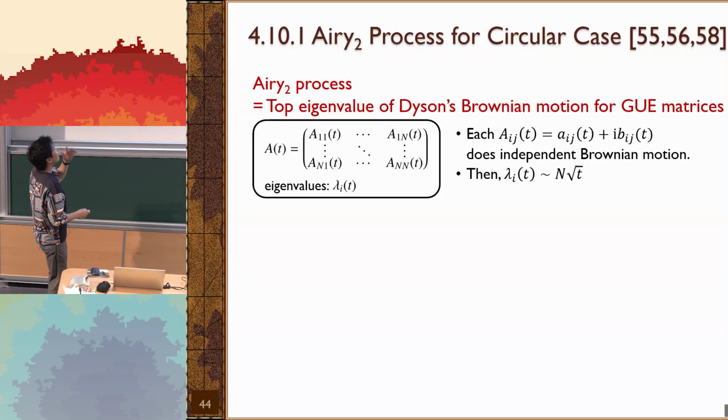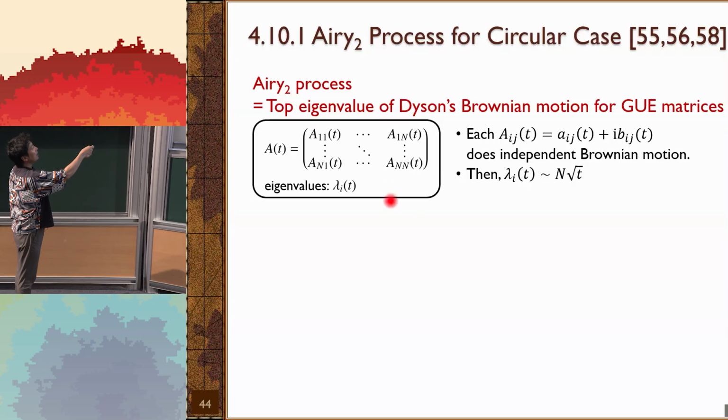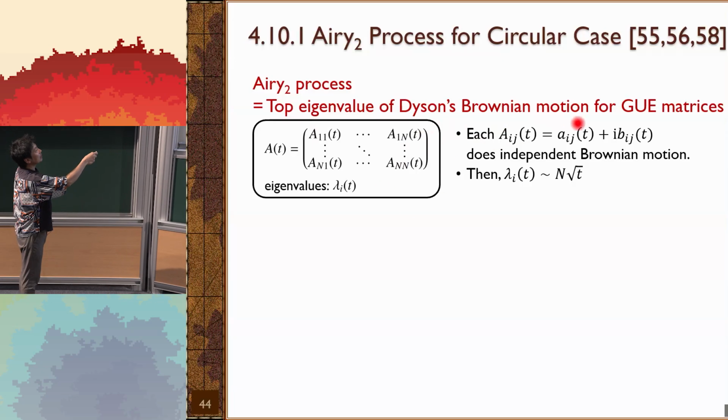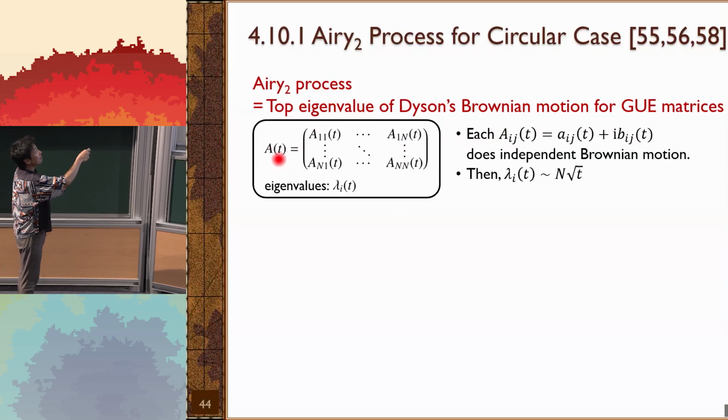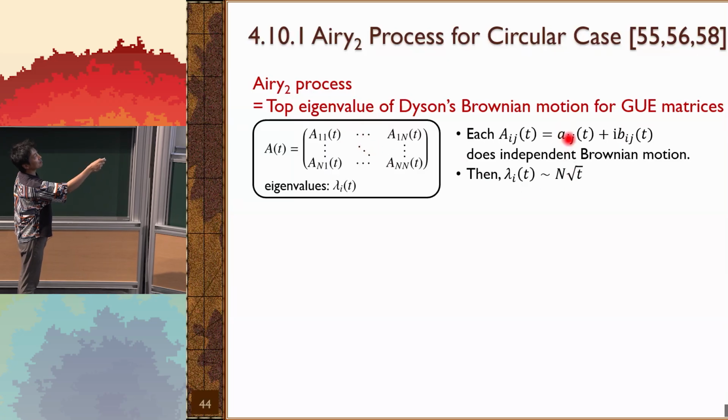As Ivan explained already this morning, in Dyson's Brownian motion, especially for GOE matrices, we consider a matrix A, which is a function of time. Each component of the matrix has a time variable, and it does Brownian motion. Of course, off-diagonal elements have real part and imaginary part, and both of them do independent Brownian motion.